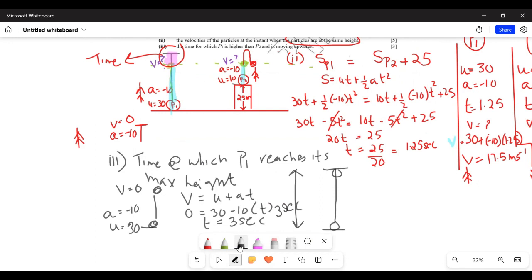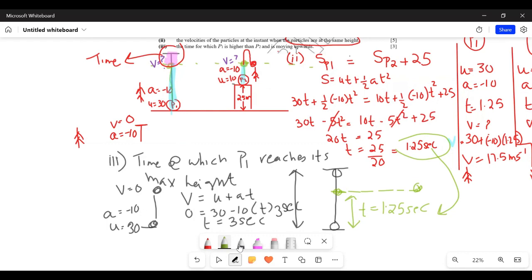Okay. Also, we know the time at which the heights of both the particles were the same. This time was 1.25 seconds from here. Time at which both the particles were at the same height.